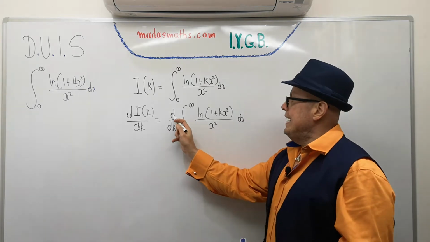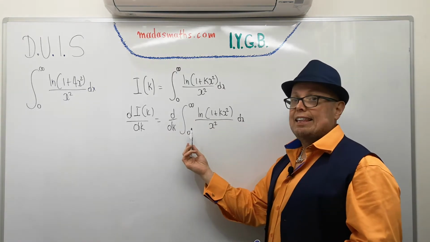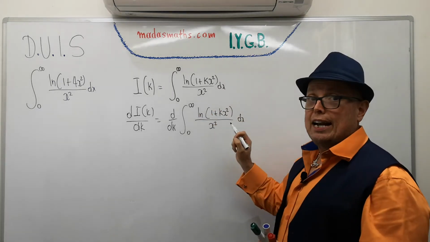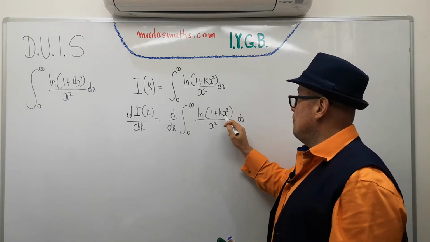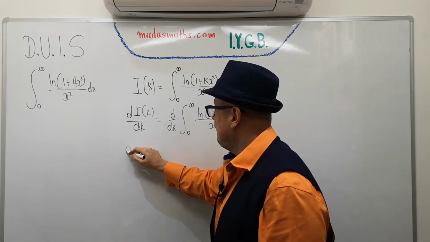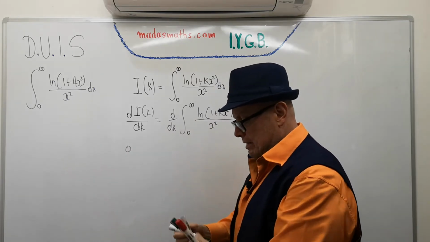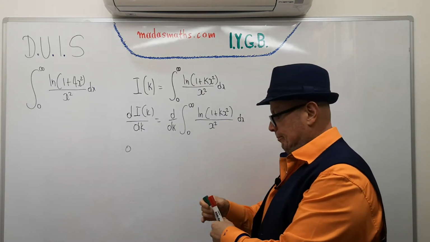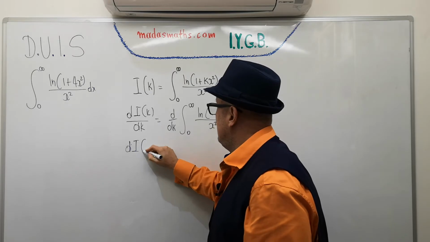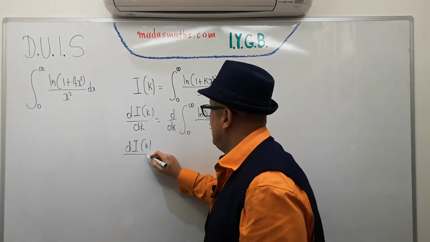But the moment this d by dk goes inside the integral, it has to become partial, because the integrand is now a function of two variables, k and x. So still dI of k by dk.